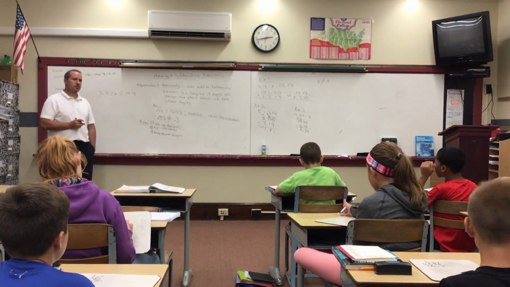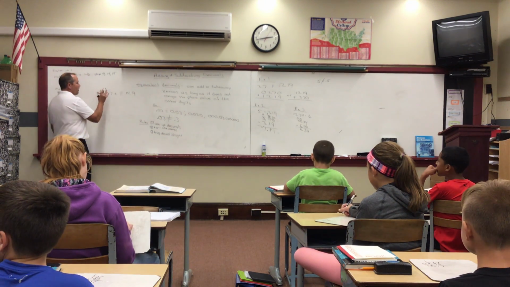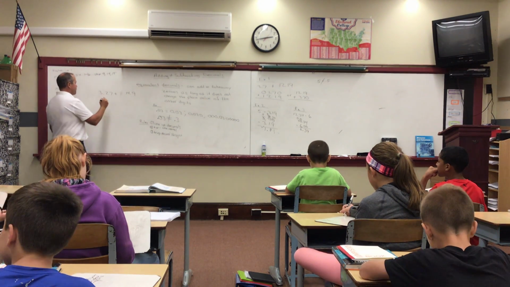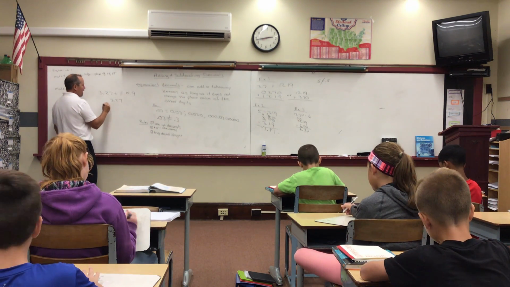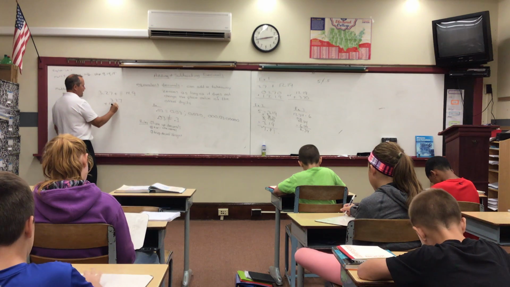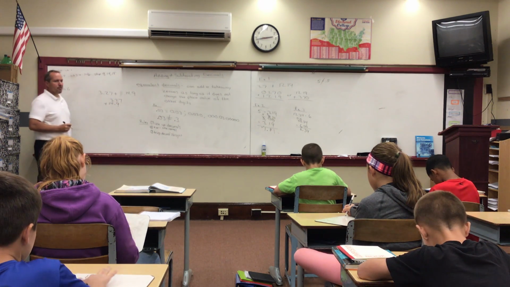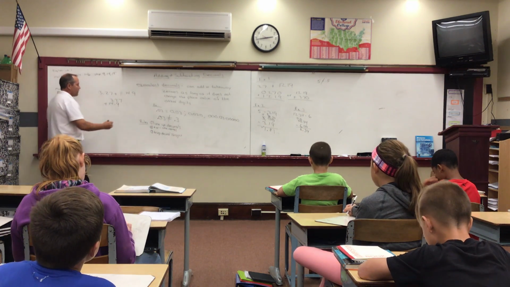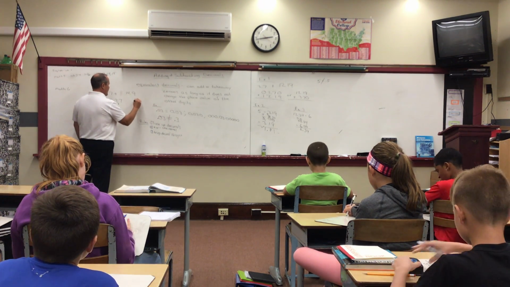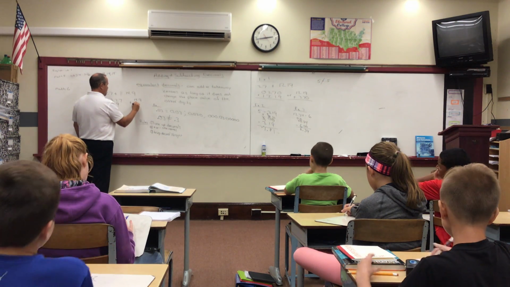If we keep it the way it's written here, you would have the 3 and 2,700 plus 14 and 9/10. Now if you use the commutative property, that is fine. You would have the 14 and 9/10 plus 3 and 2,700.